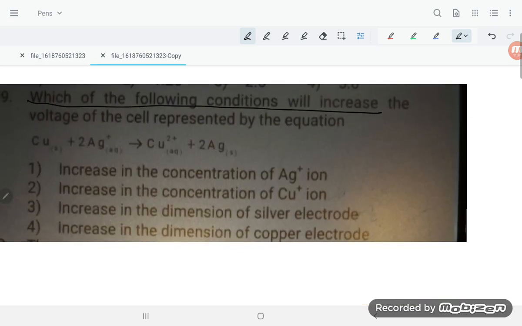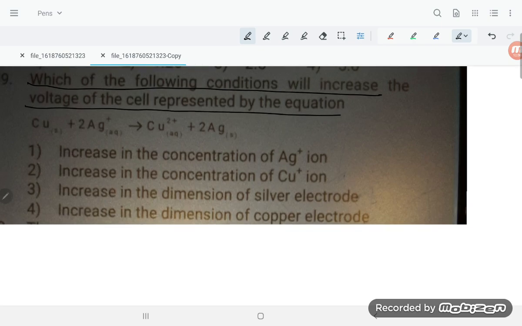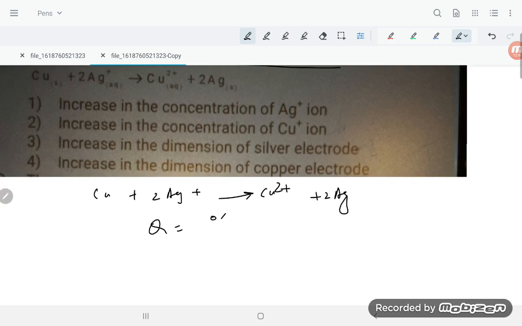Which one of the following conditions will increase the voltage of the cell represented by the equation? Cu plus 2Ag plus gives Cu2 plus plus 2Ag. So Q, if you are writing, is oxidation upon reduction. Which is oxidizing here? Copper is oxidizing, so Cu2 plus upon Ag plus whole square.